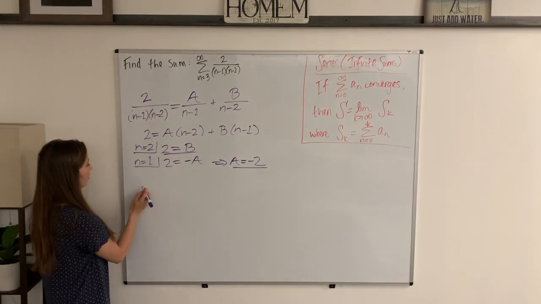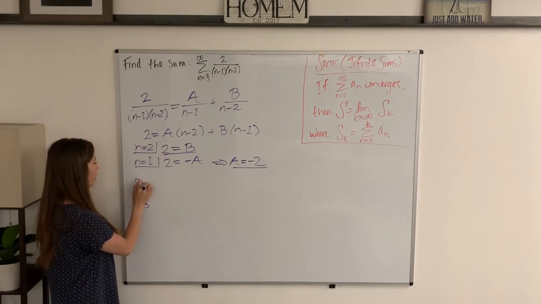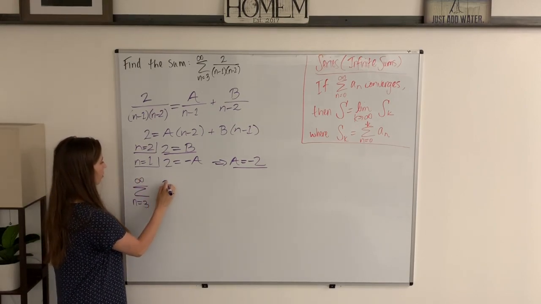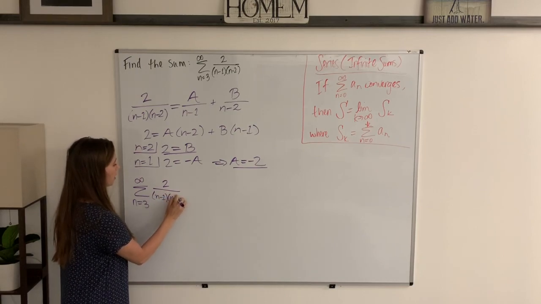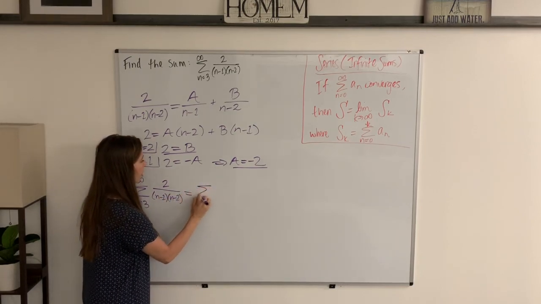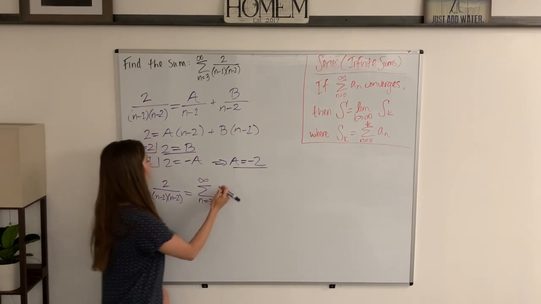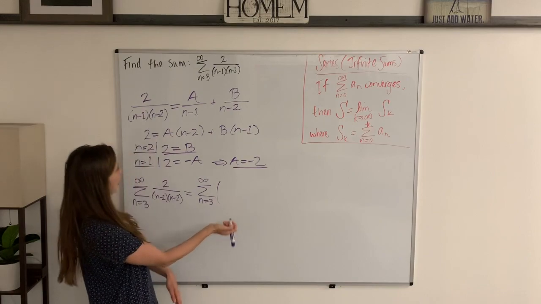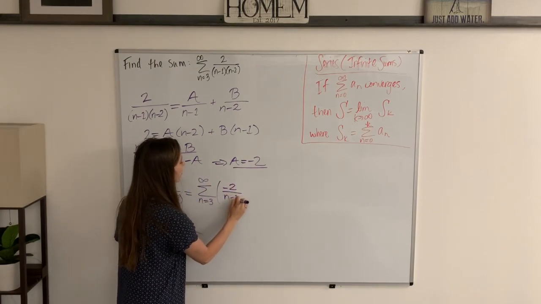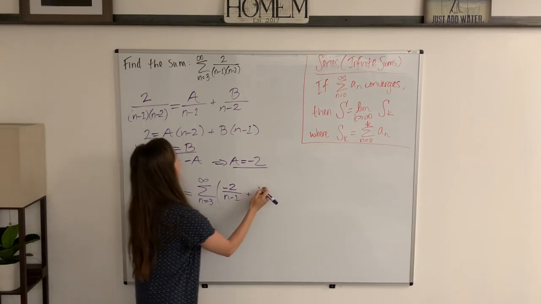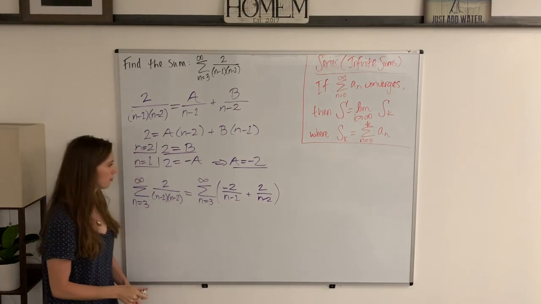So that means we can rewrite this. We have the sum from n equals 3 to infinity of 2 over n minus 1 times n minus 2 is equal to the sum from n equals 3 to infinity of, let's see, our a is negative 2, so negative 2 over n minus 1 plus 2 over n minus 2.